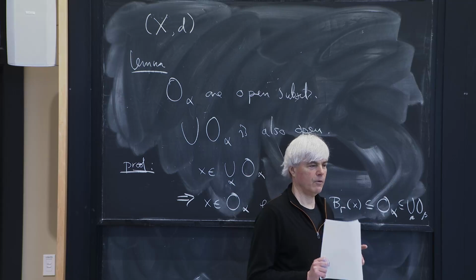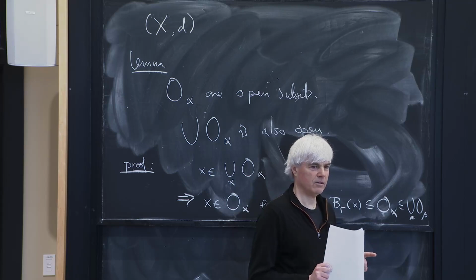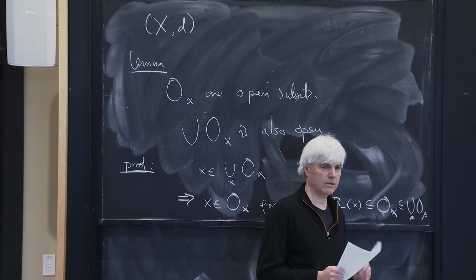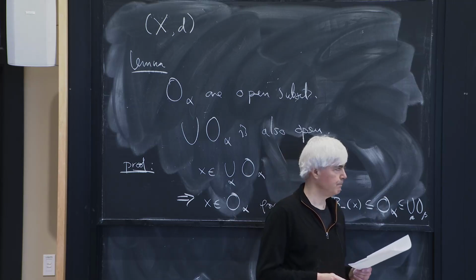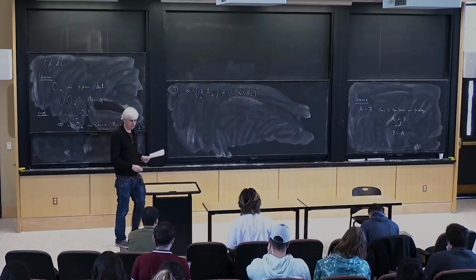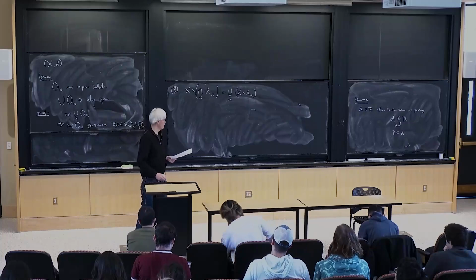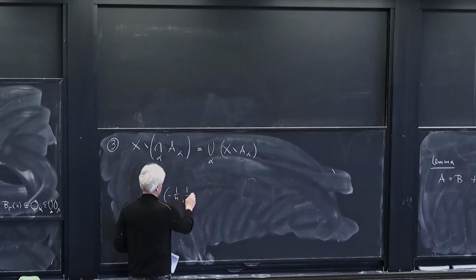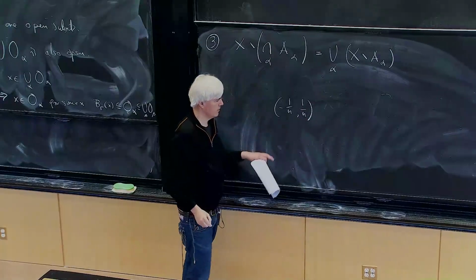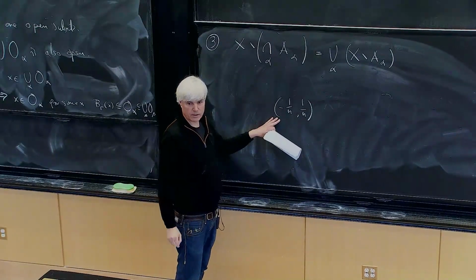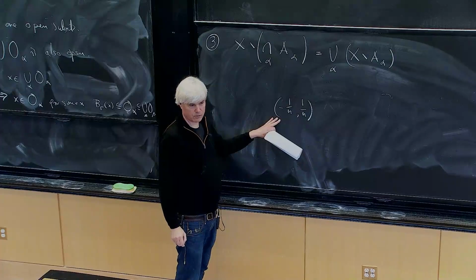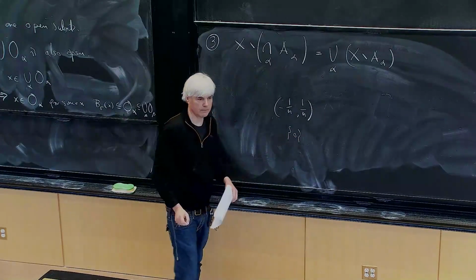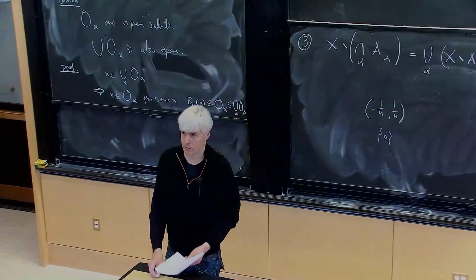But if you take intersections, in general it's only true that finite intersections are open. And the example is one of the examples we looked at before, where you take these sets here. These sets are open subsets, but if you take the intersection of all of them, then you just get 0, and that's not an open subset. Okay, so we're done.